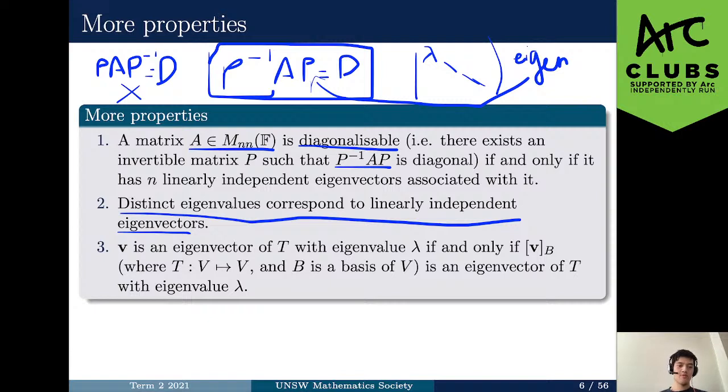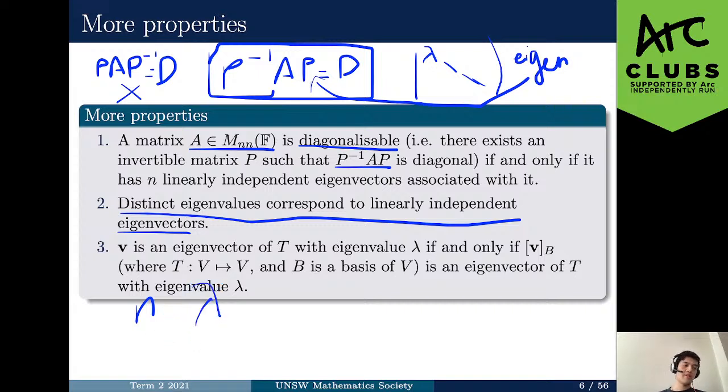So from 1 and 2, we can say that anything that has n distinct eigenvalues will automatically have n linearly independent eigenvectors and be diagonalizable. So if we have n distinct eigenvalues, then it should be diagonalizable.